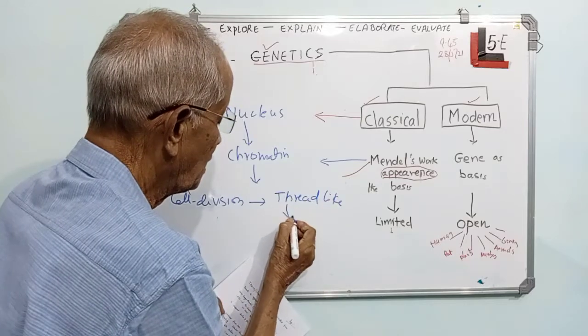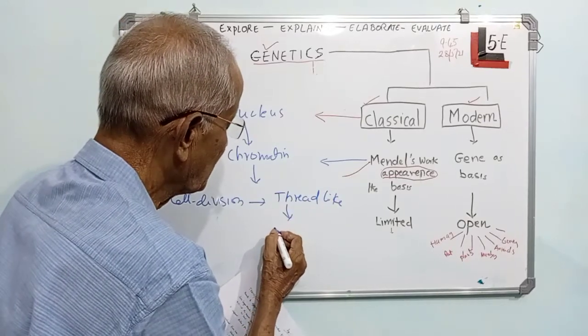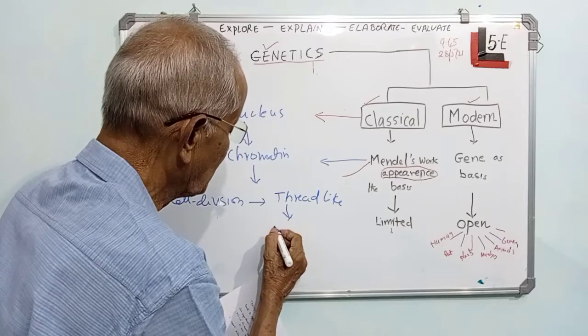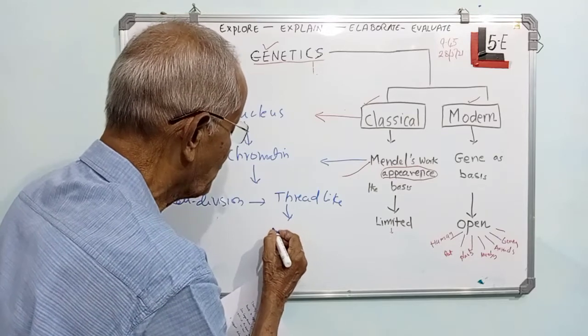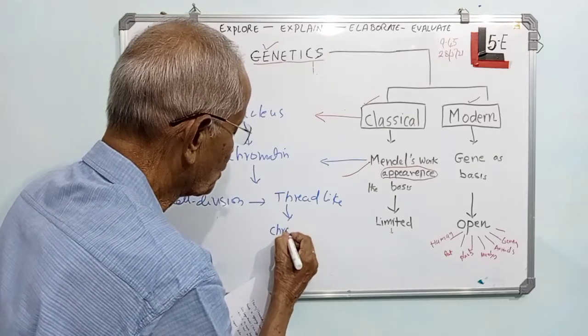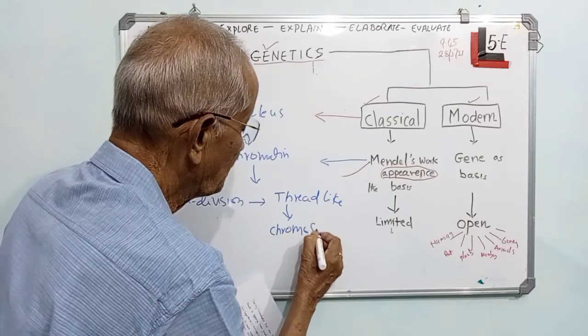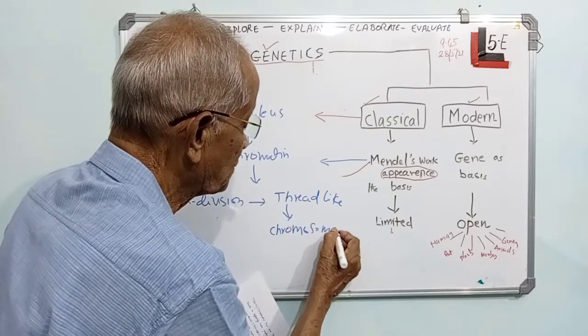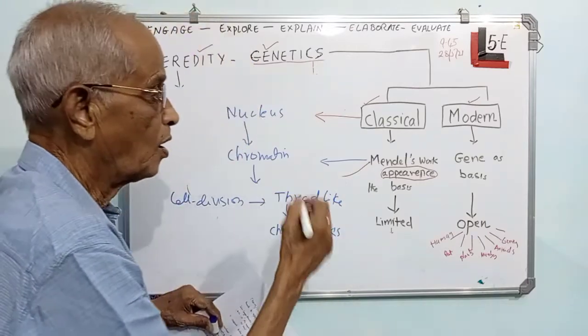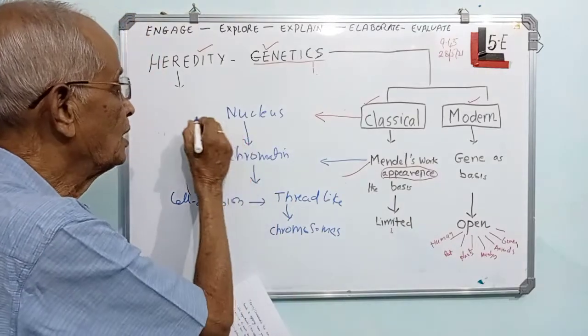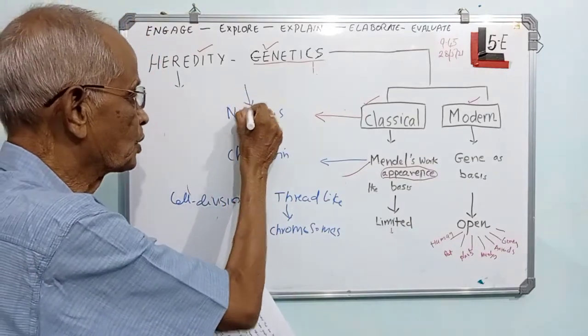And later on, around 1870 or so, 75, the name chromosome was given. That means there was good progress going on, especially to find out what is in the nucleus.